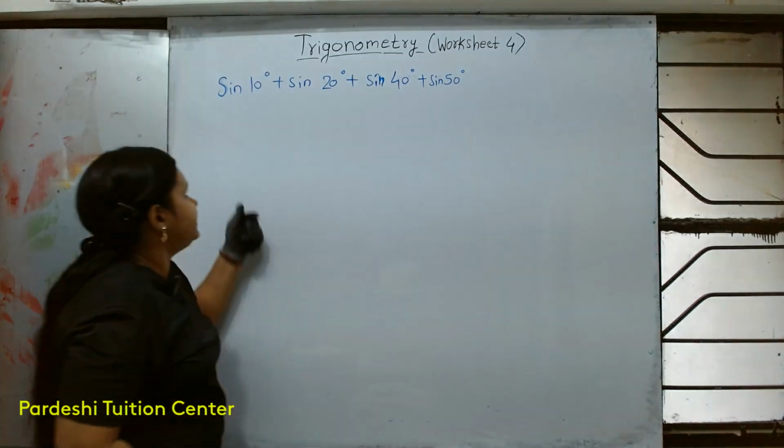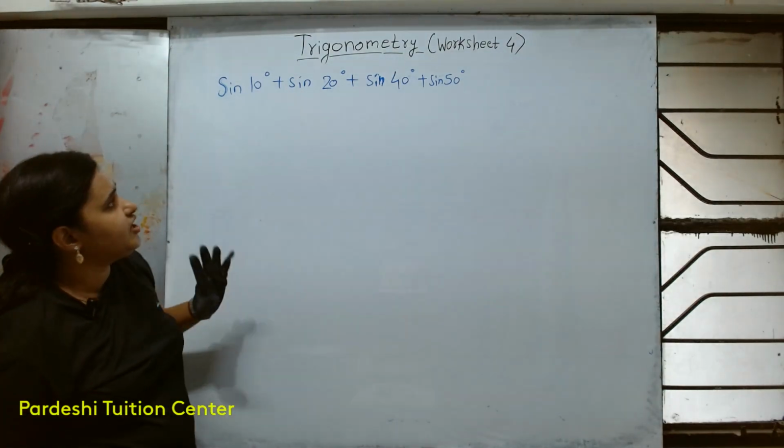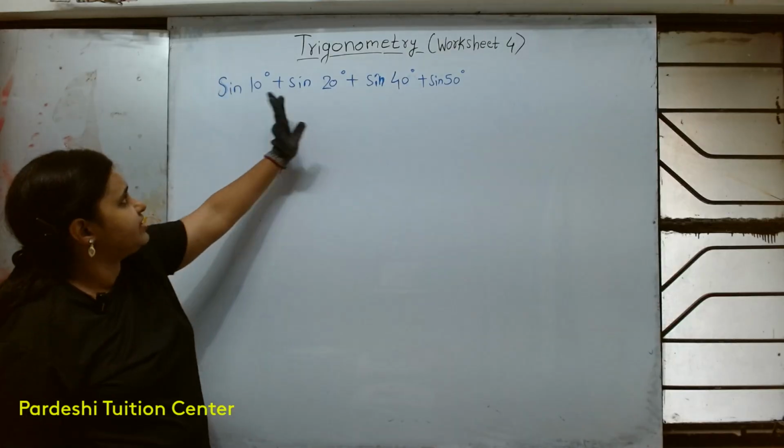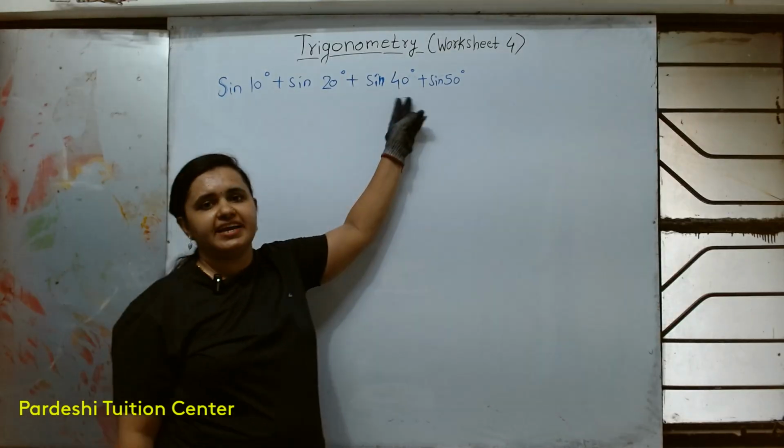Okay, sin 10 degree, sin 20 degree, sin 40 degree, sin 50 degree. Now you can apply the formula for sin A plus sin B. Here it is sin A, sin B. Here it is also sin A, sin B.